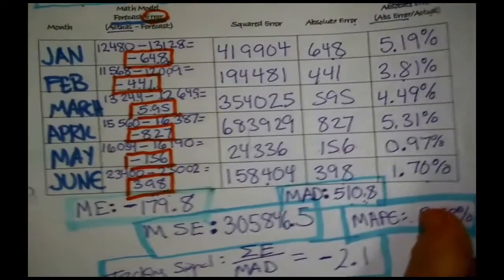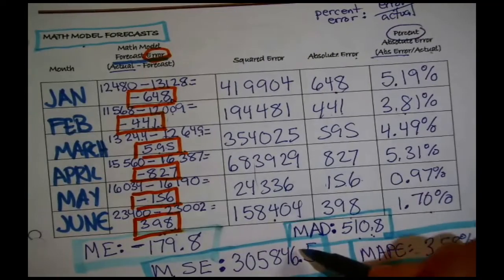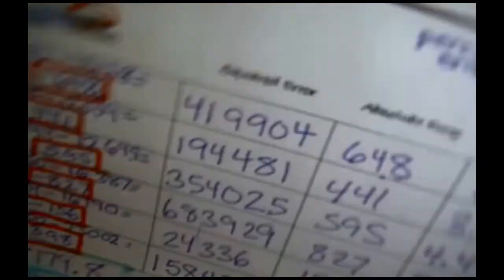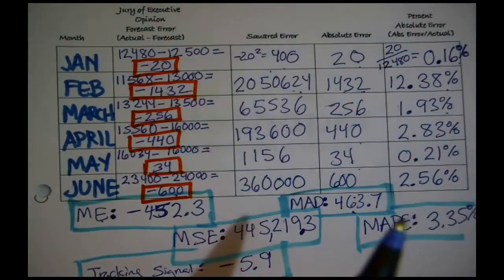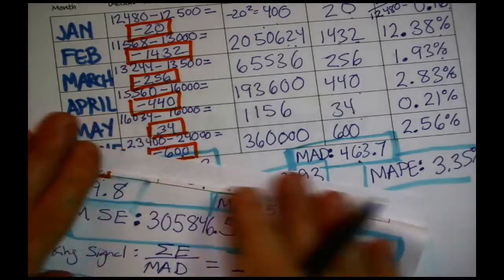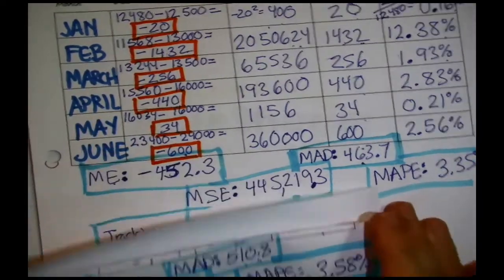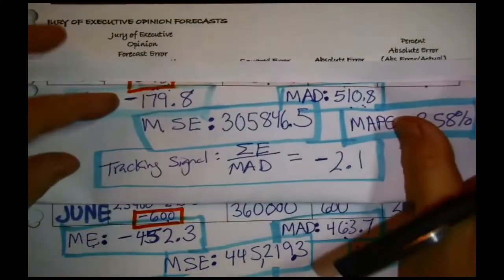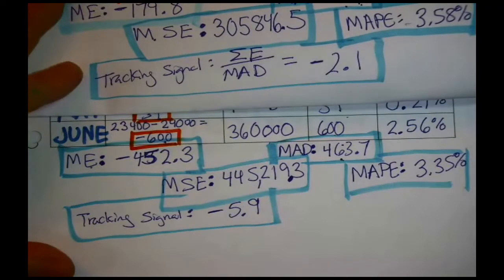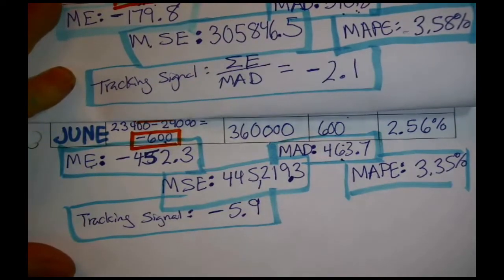There's the math model, my actual scratch work for the math model. Math model is the little folded thing. Jury of executive opinion is what's actually on this page. And we need to comment here now on who's better.